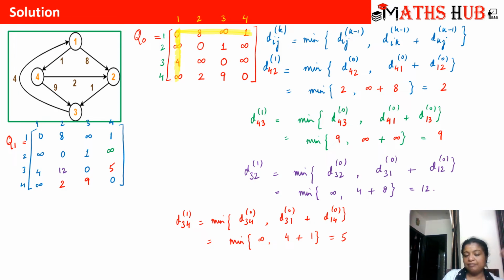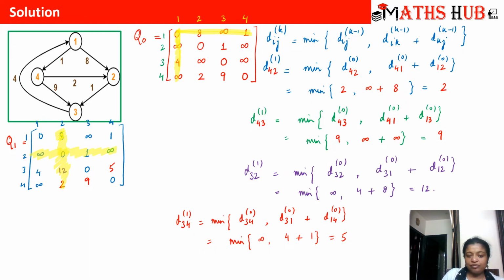Now we have to develop the next weighted matrix, that is Q2. When we are developing Q2, what will happen now? You will find that there will be no change in the matrix in row 2 and in column 2, right? When we moved from Q0 to Q1, we didn't change the first row and the first column.